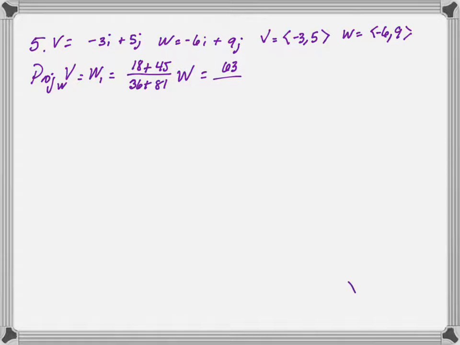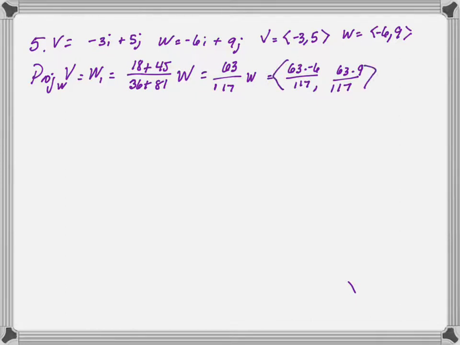That's equal to 63 over 117 times w, which is equal to 63 times -6 over 117, and 63 times 9 over 117.